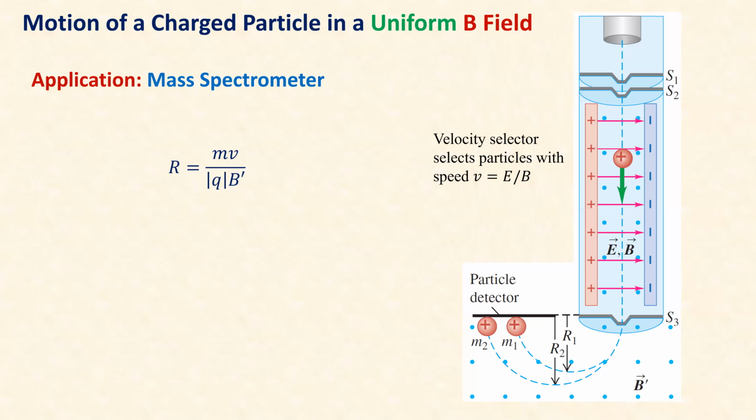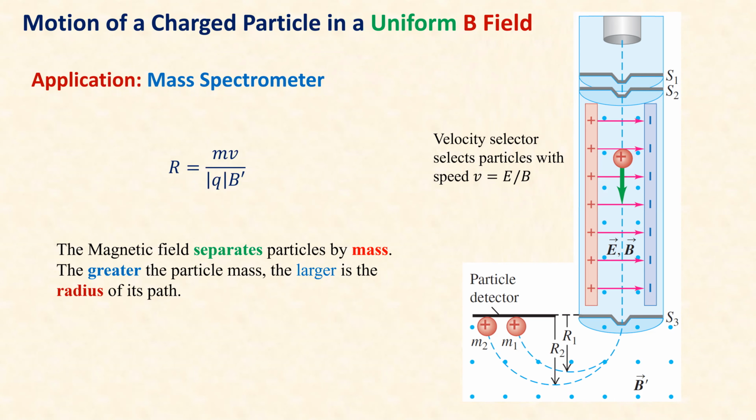And this is how they measure the mass of a particle when they know their charges. All right, and it's called a mass spectrometer. So the magnetic field separates particles by mass. The greater the particle mass, the larger the radius of its path. All right, any questions?